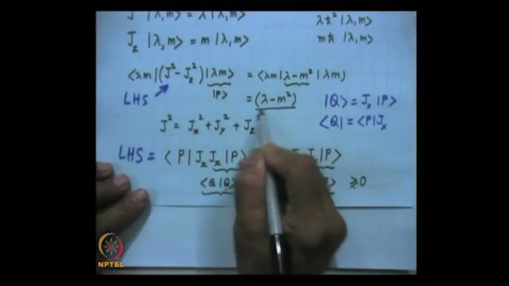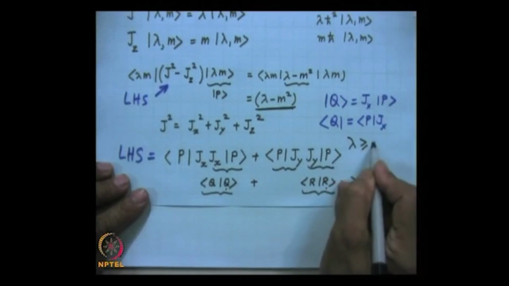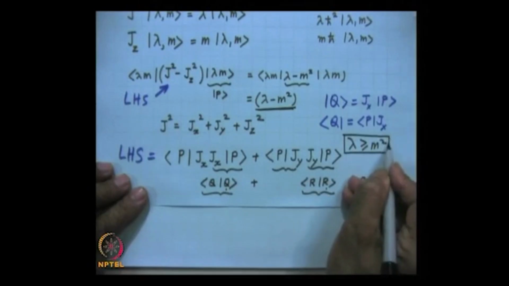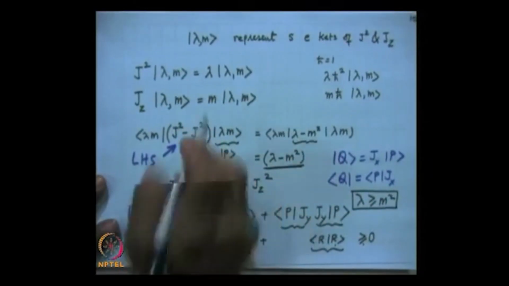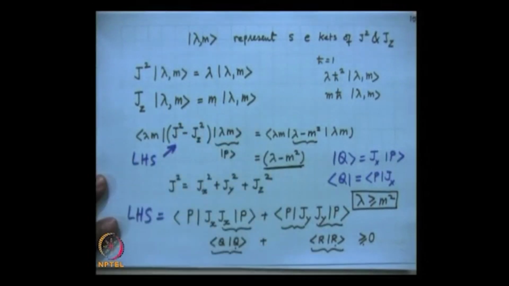So, we get the remarkable result that lambda must be greater than or equal to m square. So, we find just by operator algebra that this eigenvalue of j square, lambda, must be greater than or equal to m square.